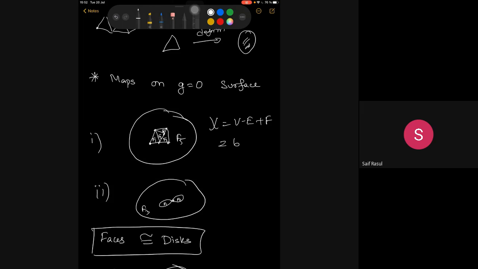How many edges do we have? 3, 4, 5, 6, 7, 8. How many faces do we have? 1, 2, 3, 4, 5, 6.